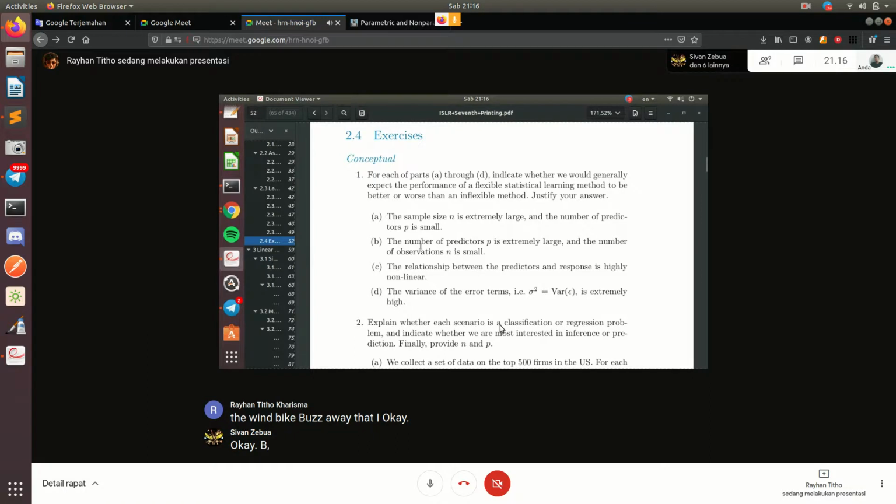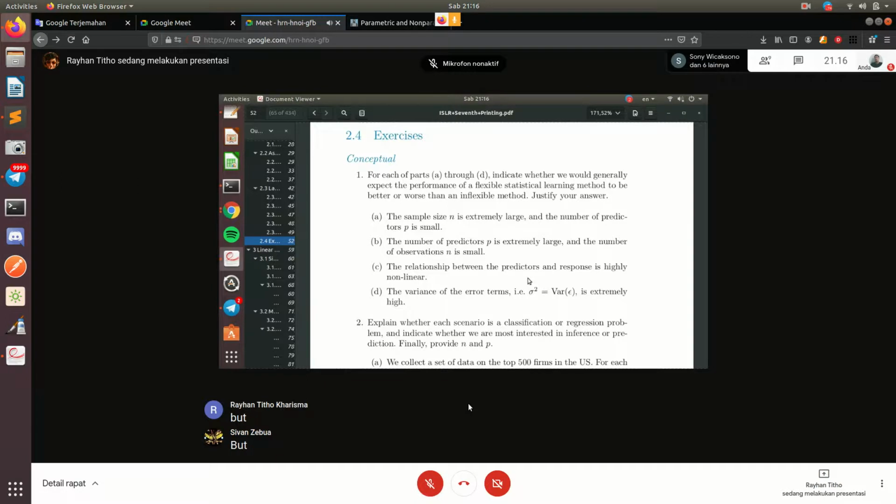B. The case of B. The number of predictors p is extremely large, and the number of observations n is small. Okay, this is tricky. If I encounter this case, maybe I will do some kind of feature reduction and then use linear regression or logistic regression or another more inflexible method.